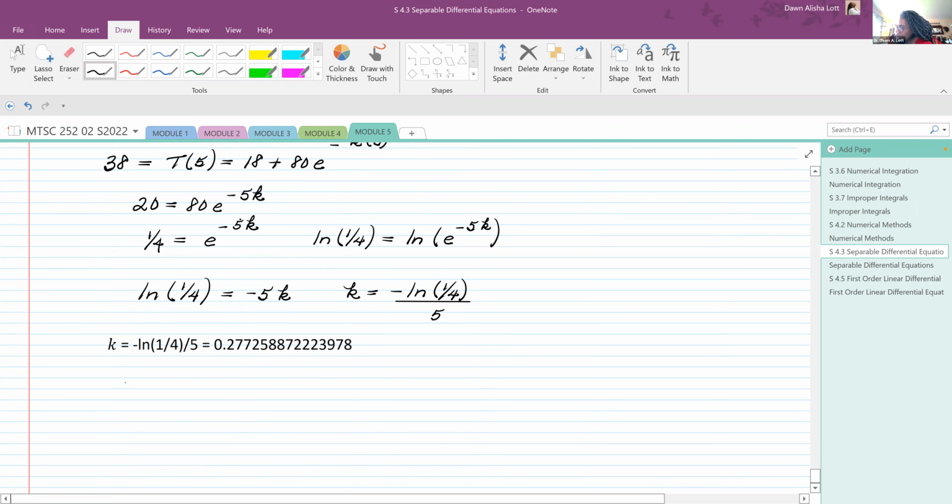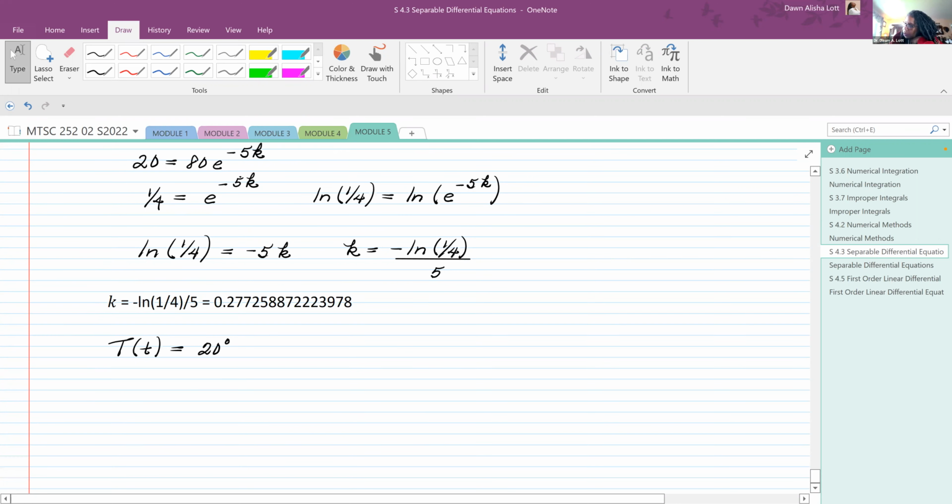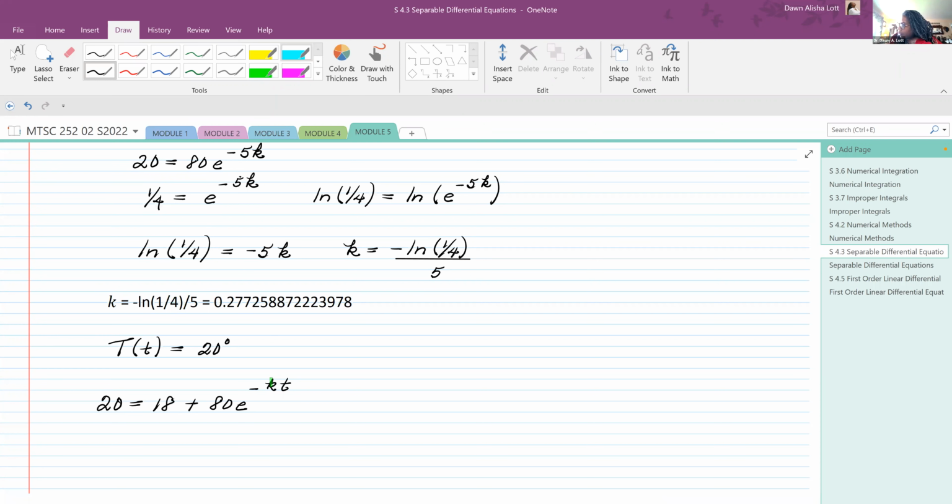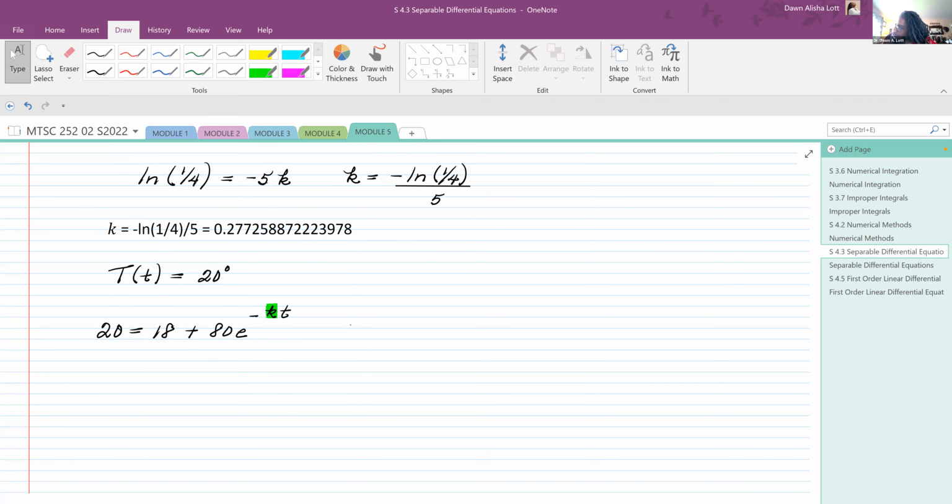So we need T of some number, we don't know what it is, to be 20 degrees. So we have 20 degrees is equal to 18 plus 80 e to the negative k, which we know, times t. Remember, k is already known. I'm just not putting it in there right now, but k is known. So we're solving for t.